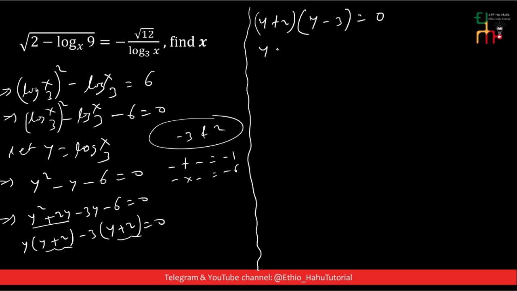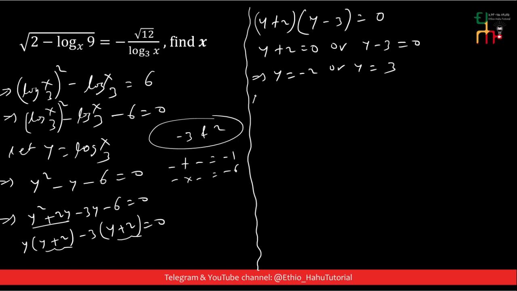Therefore, y plus 2 is equal to 0 or y minus 3 is equal to 0. This implies y is equal to minus 2 or y is equal to 3.